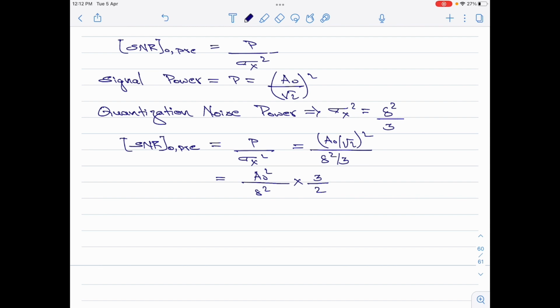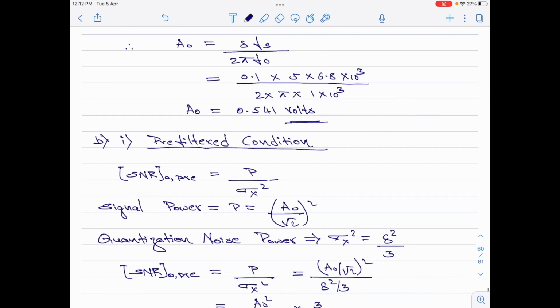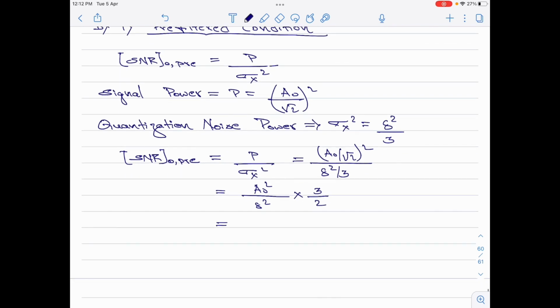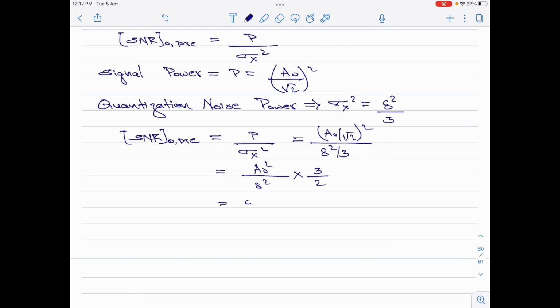Let me substitute the values for A naught. We have previously found A naught as 0.541. So it would be 0.541 square divided by 0.1 square multiplied by 3 by 2. This reduces to 43.902. No units here because it's in terms of power.